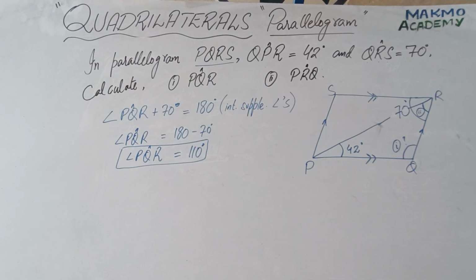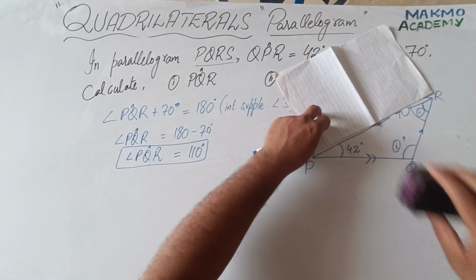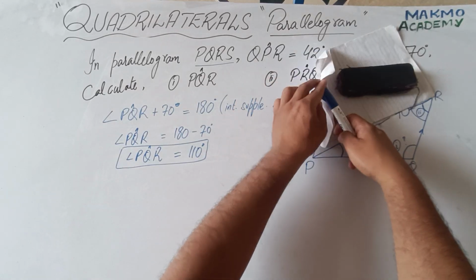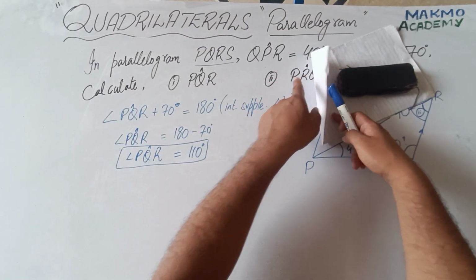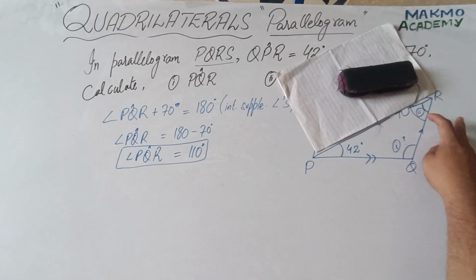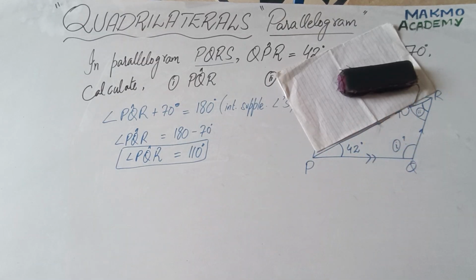Now in the second part we need to find the size of only this much part, the half part. So let's see how to find the size of that angle. In the second part we need to find PRQ. We need to find the size of this angle. PRQ is lying over here, so it is forming a triangle.